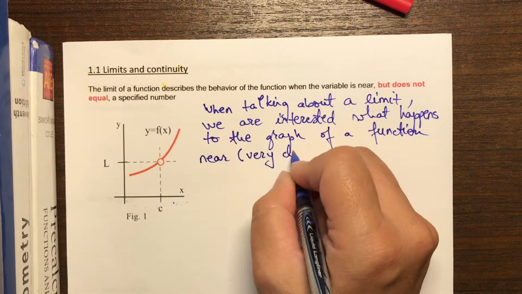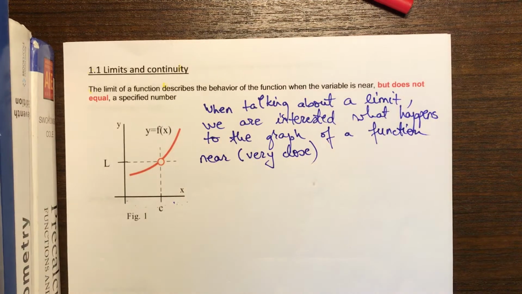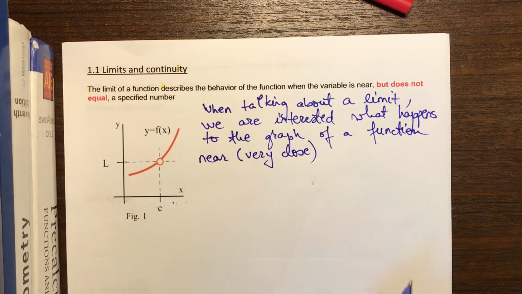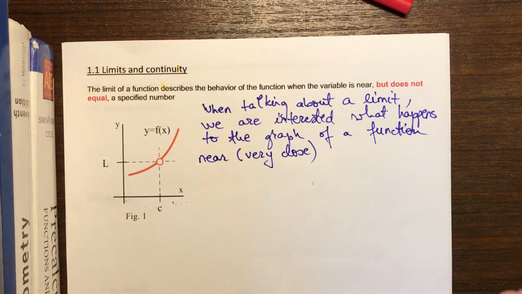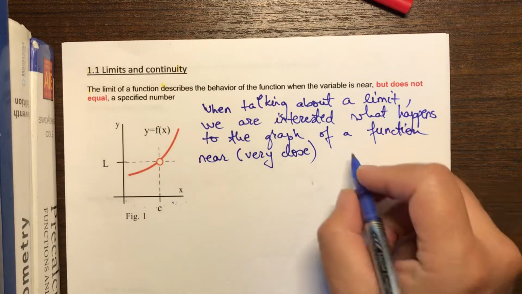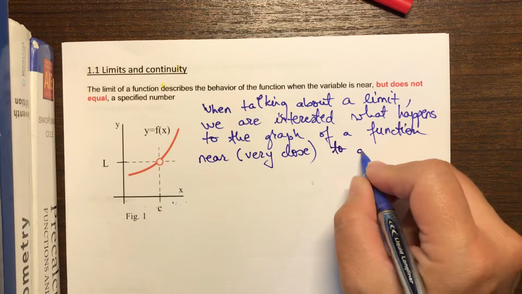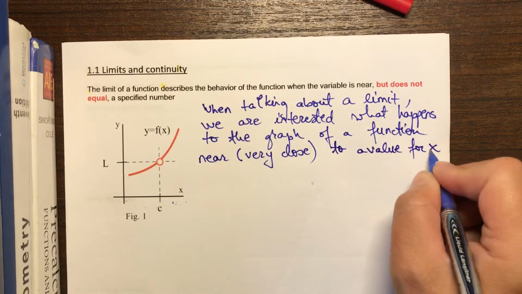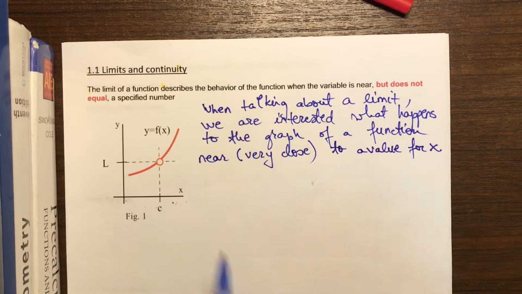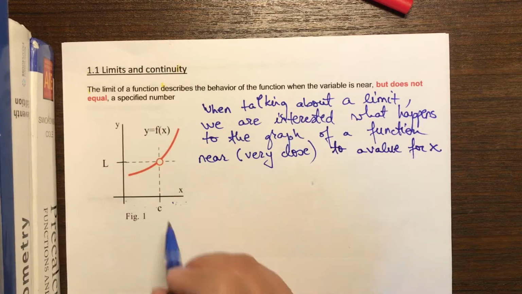So how close do you want? Well, within 0.5, within 0.1, within 0.001, within 0.00001 distance is where you can push it, as close as you want to a value for x.